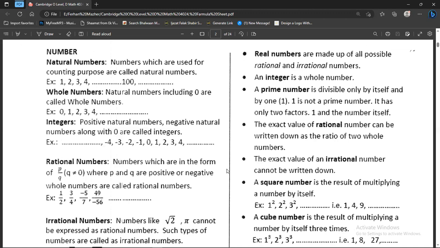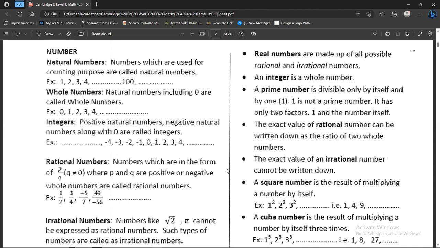Another definition of rational numbers is that when you convert that fraction into a decimal, it will be a terminating decimal fraction. Terminating decimal fraction means that after the decimal, it will go 1 step, 2 step, 3 step, 4 step, and it will stop.